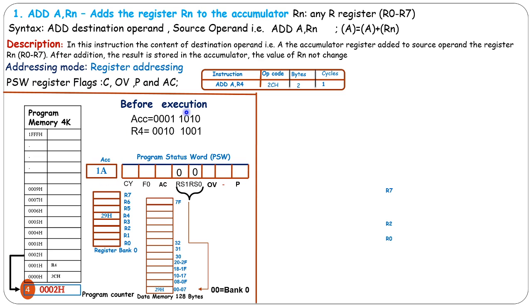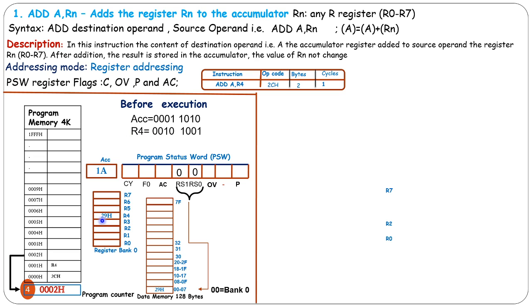Now this is before execution. The content of the accumulator is 1AH: 1 in binary is 0001, and A is 1010. This is 1AH in binary. Now what is the content of R4?